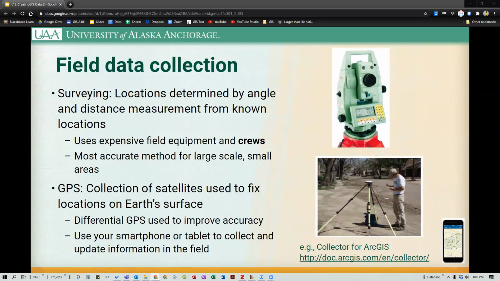So some of the price differences are changing, but there's still that element of what level of accuracy are you looking for? Are you trying to measure curbs and structures within inches or centimeters, or are you trying to lay out a street system within a larger area network? So those are the trade-offs that we look at when we start thinking about field collection.